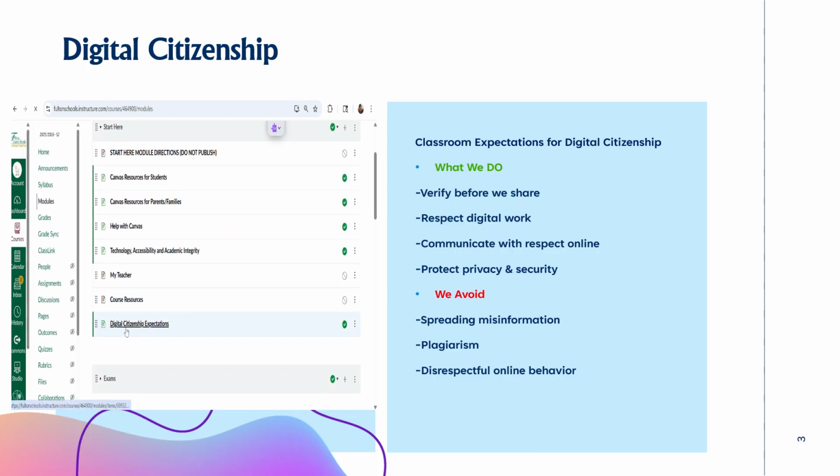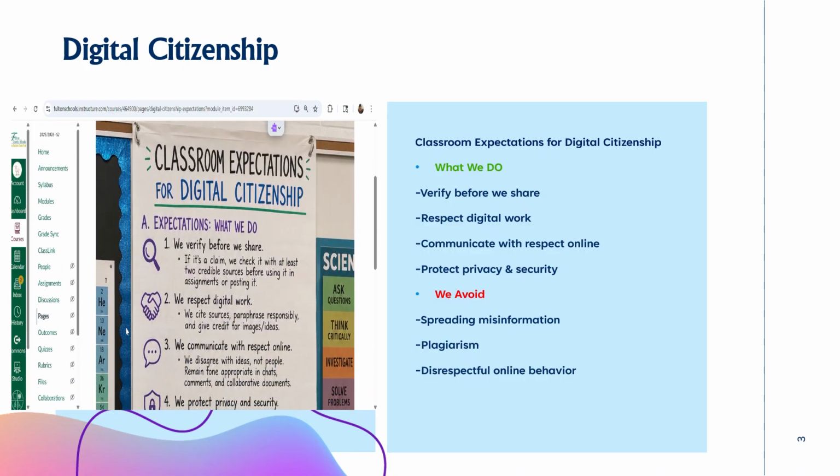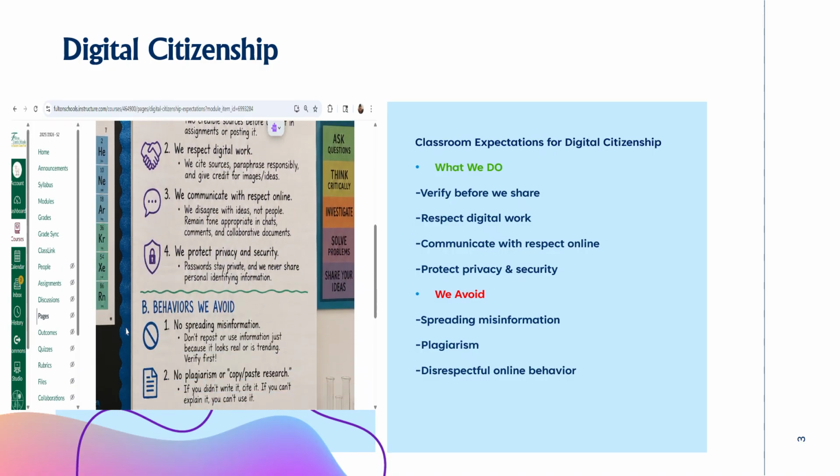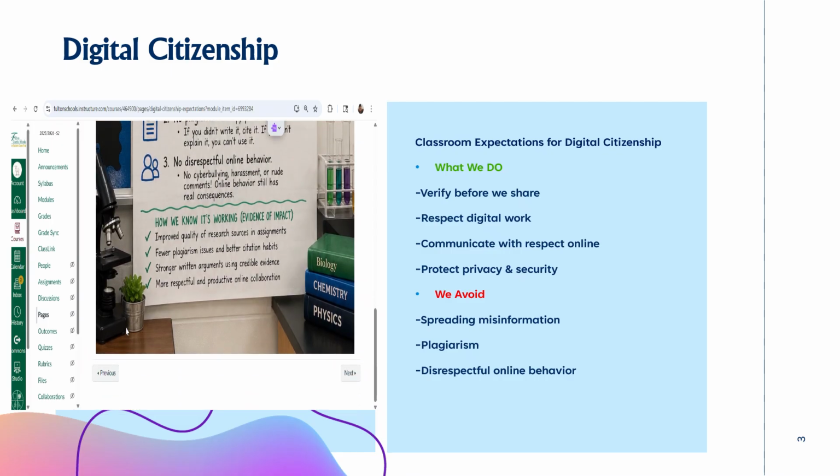I also emphasize respecting digital work and avoiding plagiarism so students understand the importance of original thinking. Setting expectations for respectful online communication helps maintain a positive classroom environment, especially when students are collaborating.